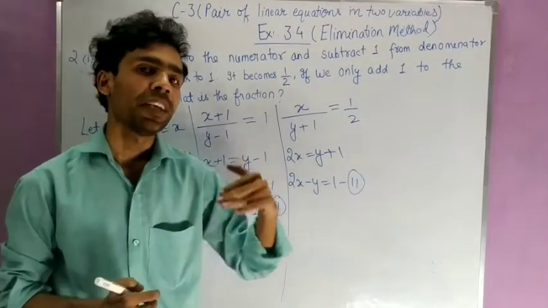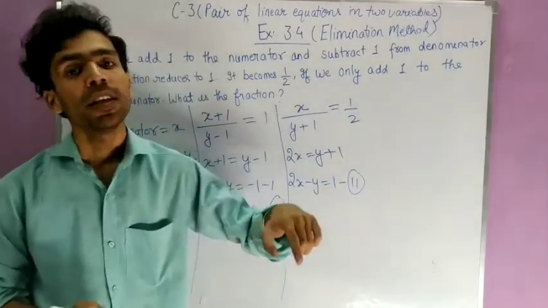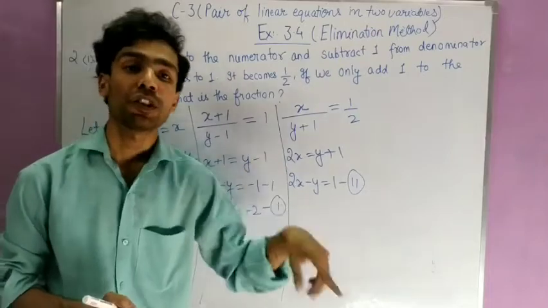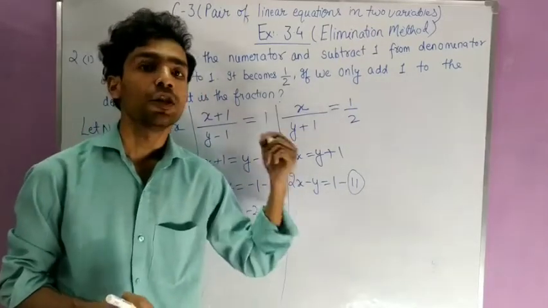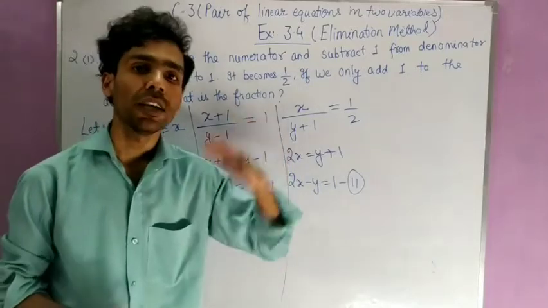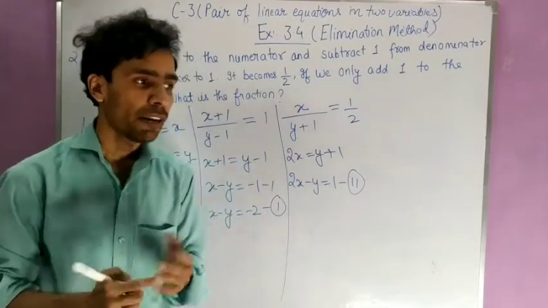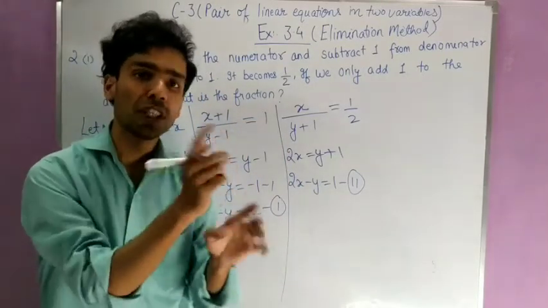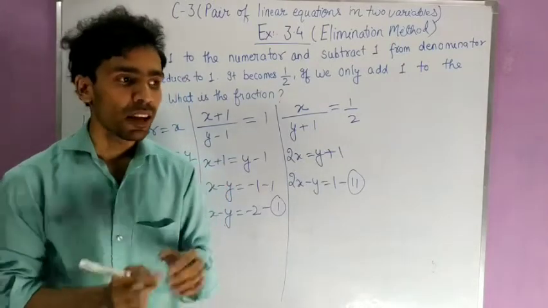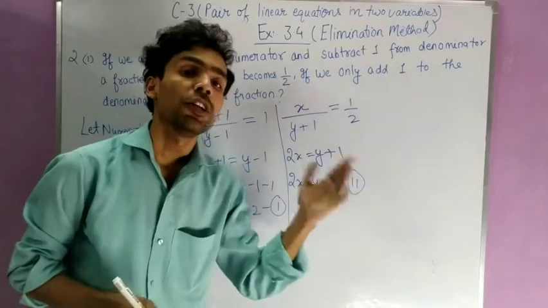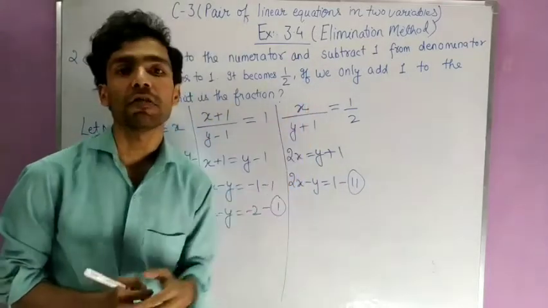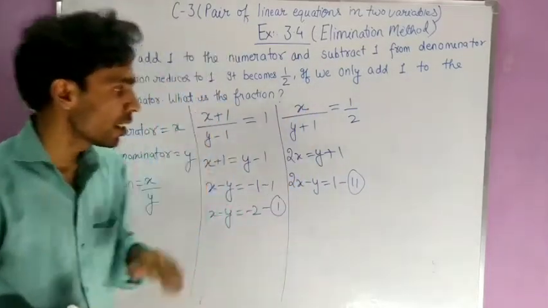If you want to eliminate x from equation number 1, then you will eliminate x from equation number 2 also, and vice versa. If you want to eliminate y, then you have to eliminate y from both the equations. Okay, and for eliminating, their coefficient should be the same, meaning whatever number is associated with that variable should be the same in both the equations. Okay, so let's see.